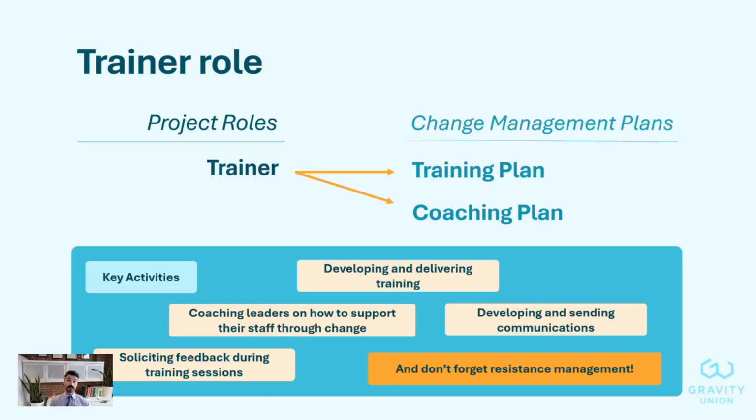So the trainer is going to both develop and deliver the training materials. They're going to work with leaders on how to support their staff through change. They're going to contribute to communications as well through that training plan. And they're going to ask for feedback through the training sessions as well. So again, it's face time. It's an opportunity to be proactive in asking for feedback. And again, with every role, everyone's going to have a part in managing resistance along the way.